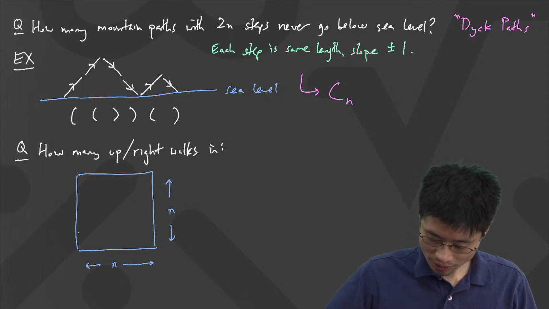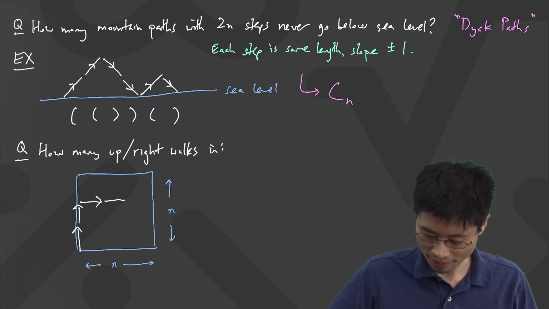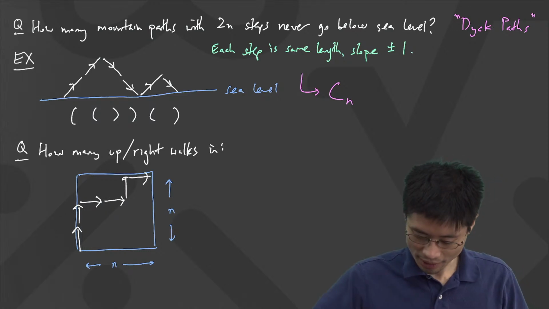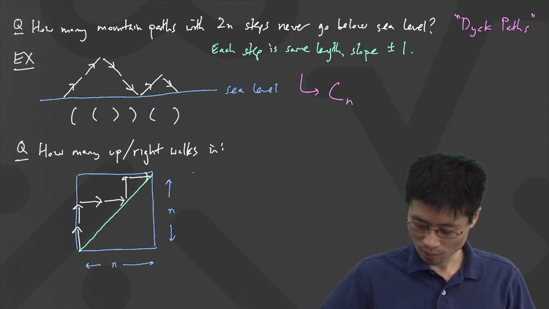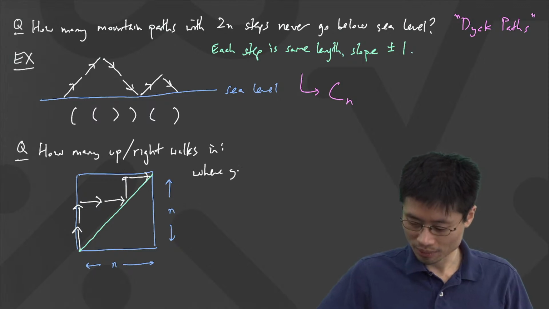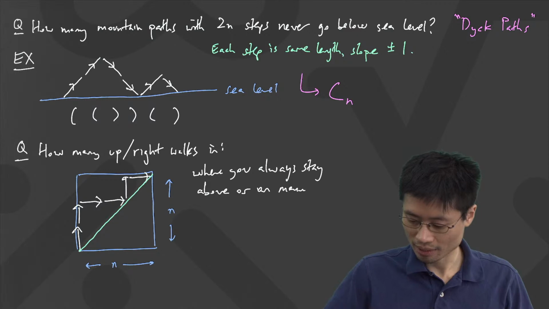How many of these are there where you always stay above or on the main diagonal?